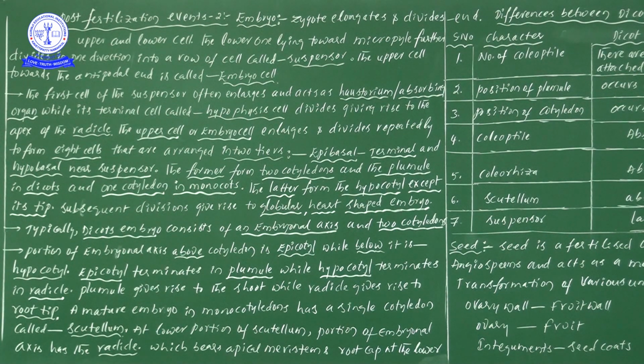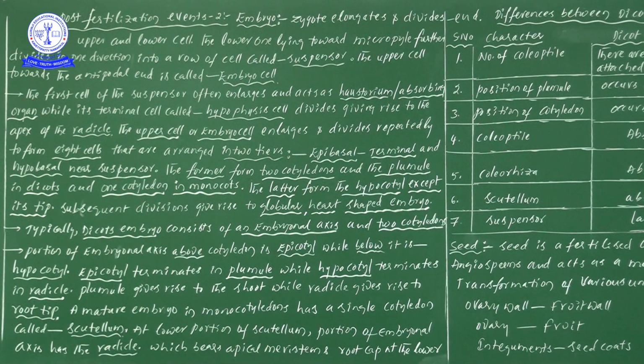So the cell present towards the micropylar region forms the suspensor, and the cell present towards the antipodal region forms the embryo cell.